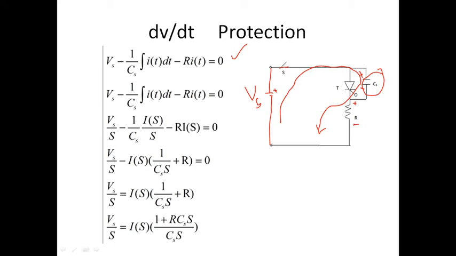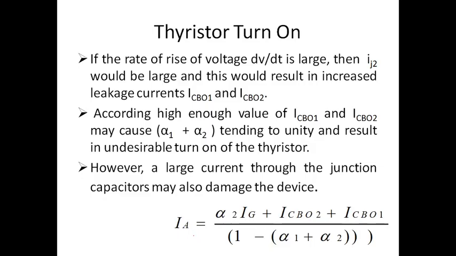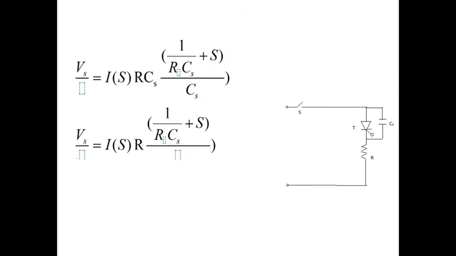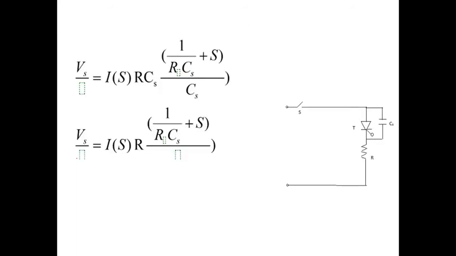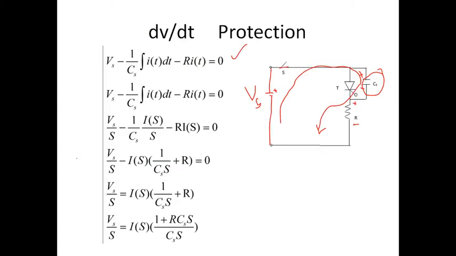Vs by s is I of s times (1 plus RCs) divided by Cs.